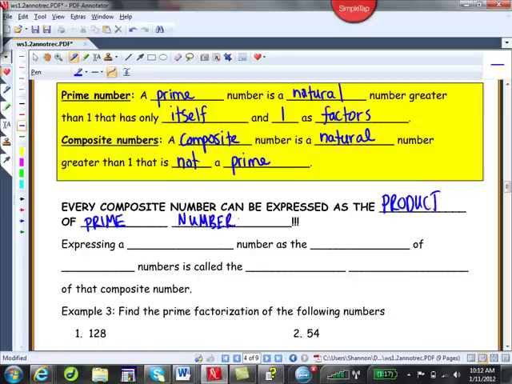Expressing a composite number as the product of prime numbers is called the prime factorization of that composite number.